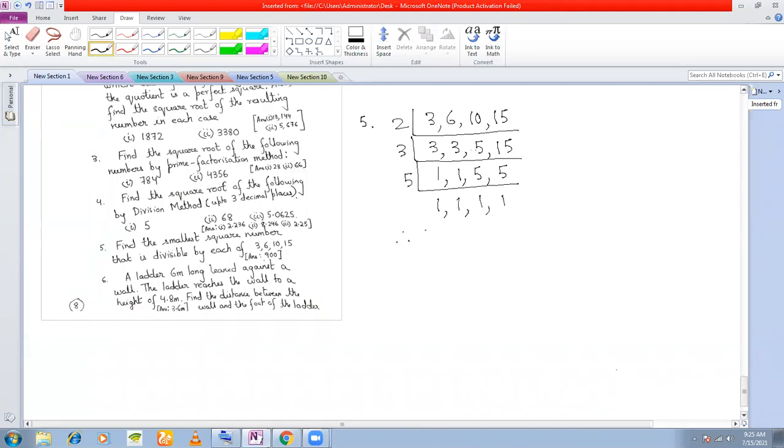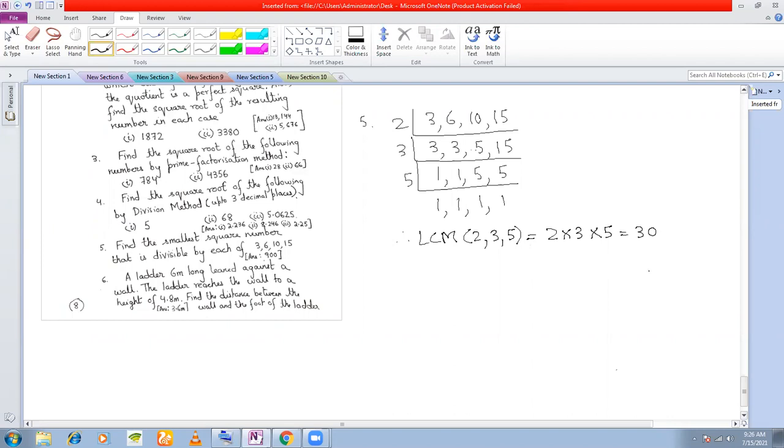So therefore, what should be the LCM? The LCM of 2, 3, and 5 is equal to 2 into 3 into 5, which is equal to 30. This is your LCM, right? So what should be the smallest square number that is divisible by each of these numbers?